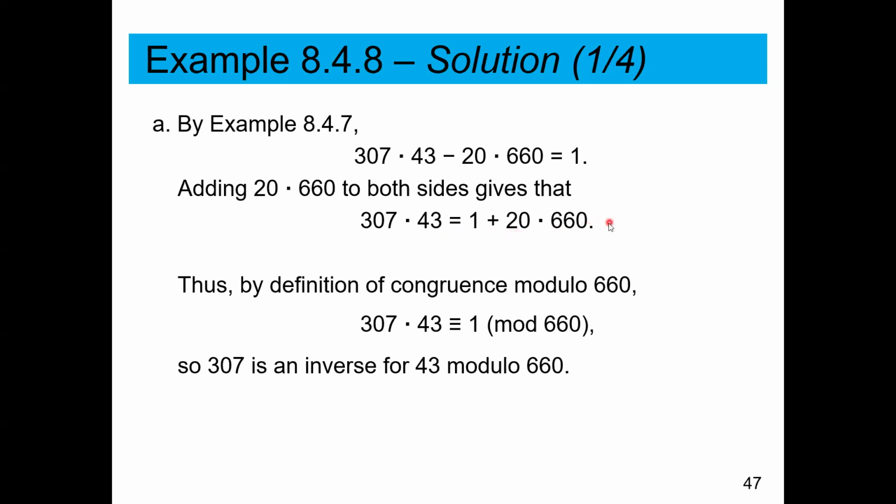When I take mod 660 of both sides, this portion goes away, and this becomes just the 1, because any multiple of 660 is going away. So 307 is the inverse of 43 mod 660. And again, the way to find that is doing that extended Euclidean algorithm. That's how we do it.